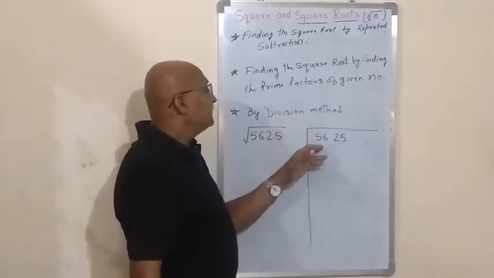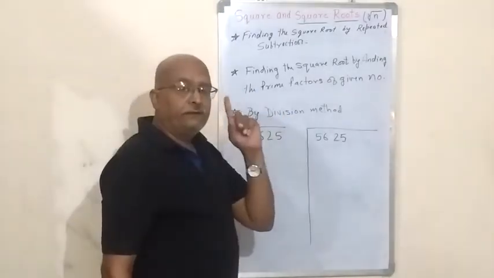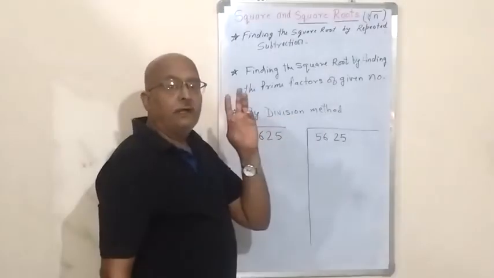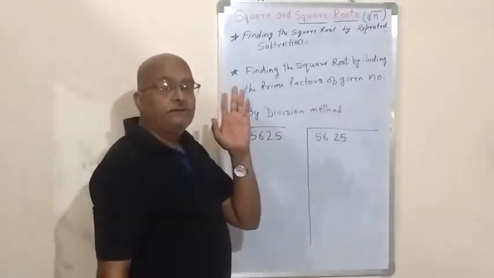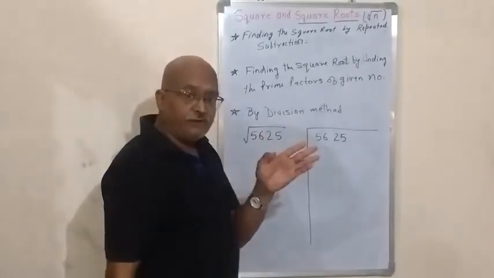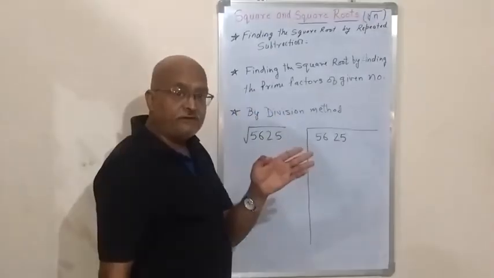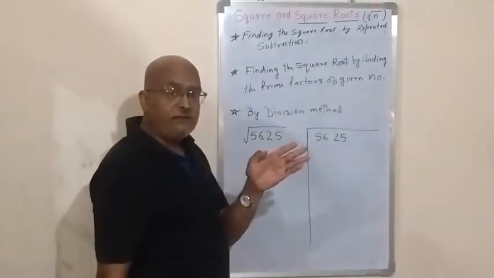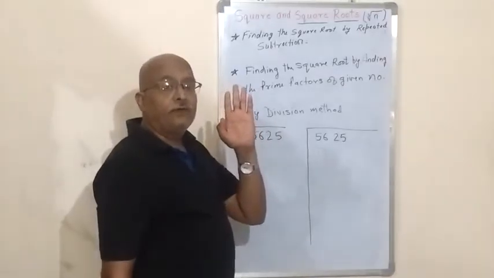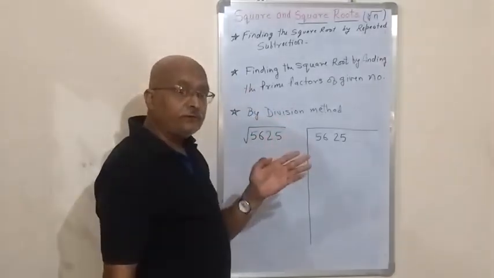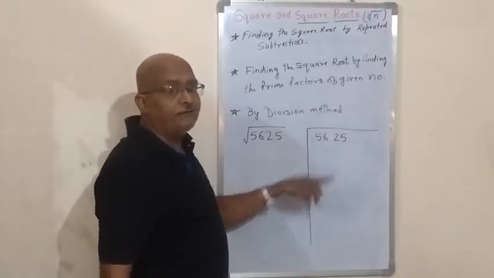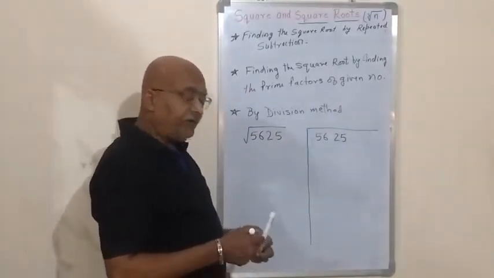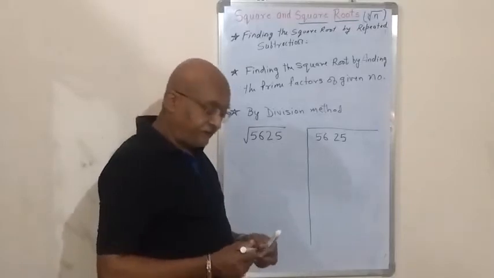That is 1, 4, after 4 comes 9, 16, 25, 36, 49, after 49 is 64. Now see, 64 is greater than this and 49 is less than this. Now 49 is the square of 7.